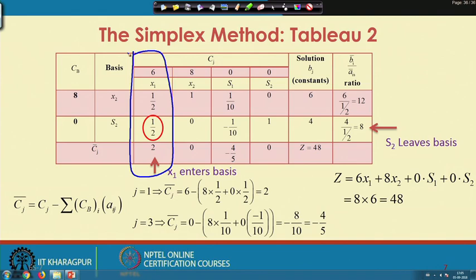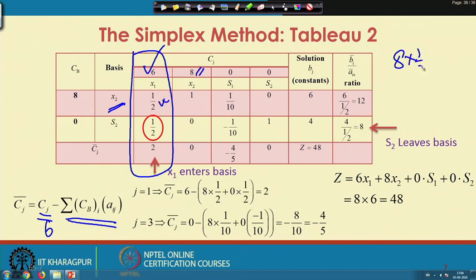So, Cj bar will be computed as 6, that is the Cj for x1, and then you have to take the product Cbi Aij. So, basis is x2 and for x2 cost coefficient is 8 and Aij for x2 is half.